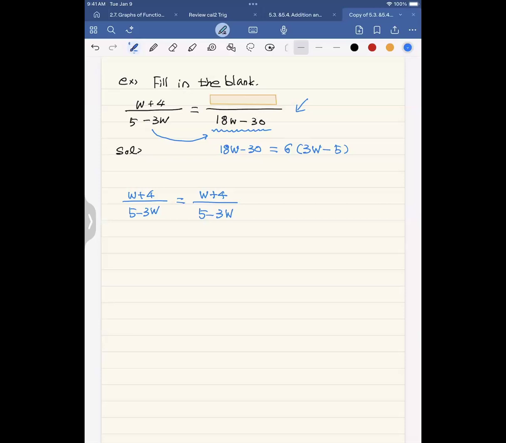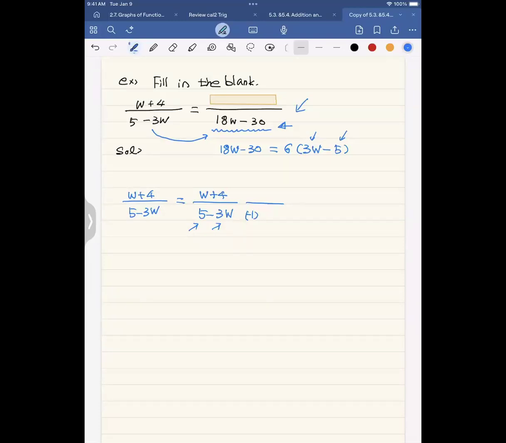But we realize these two positions are switched. So I would multiply by -1 for that. And when we decompose the denominator on the right side, that was 6 times 3w minus 5.